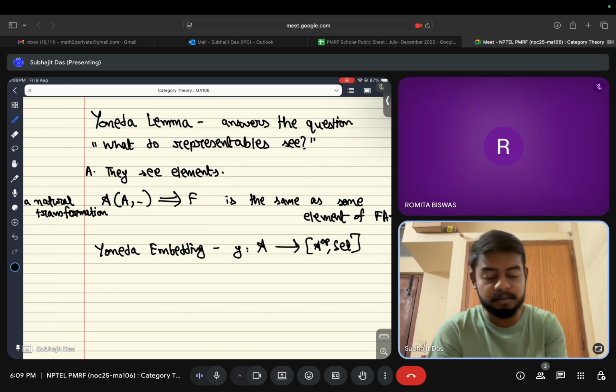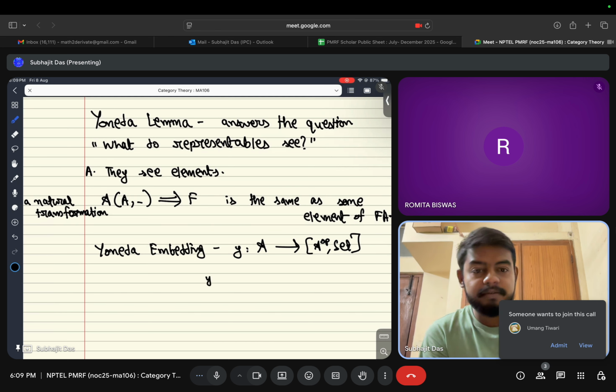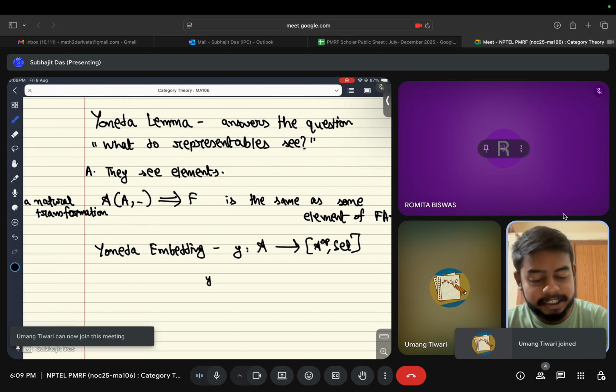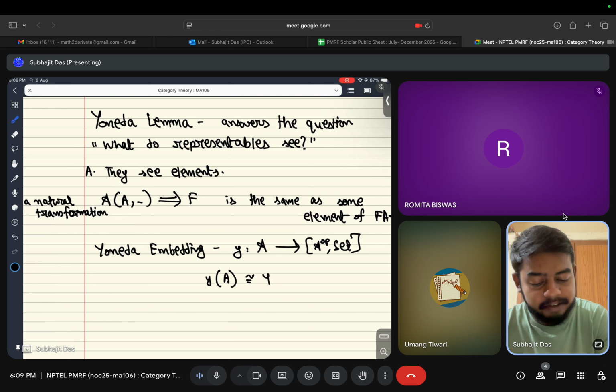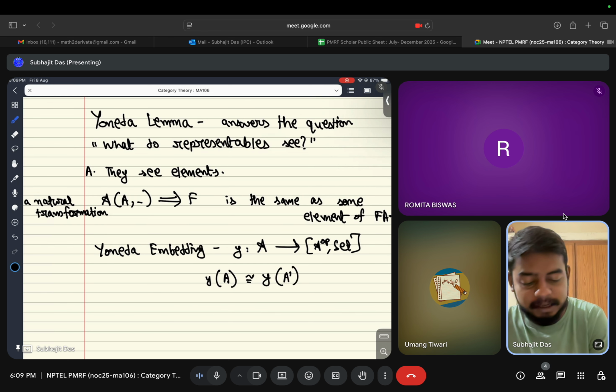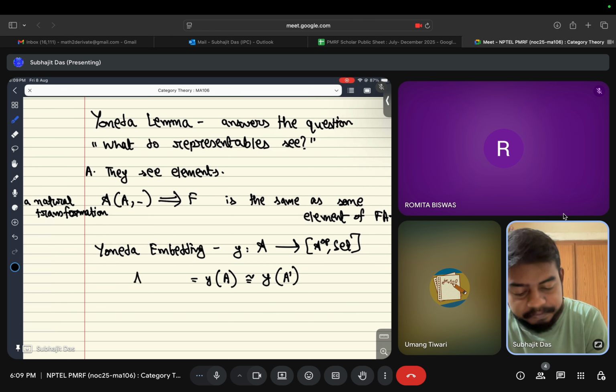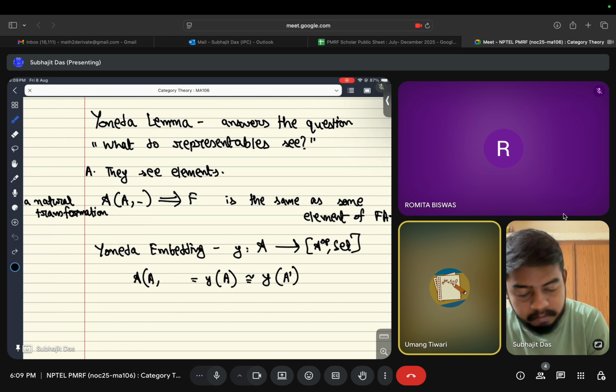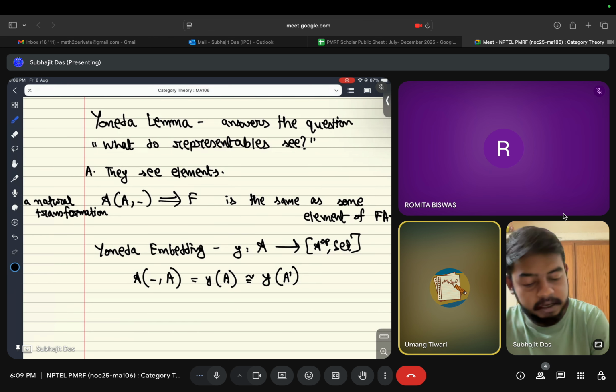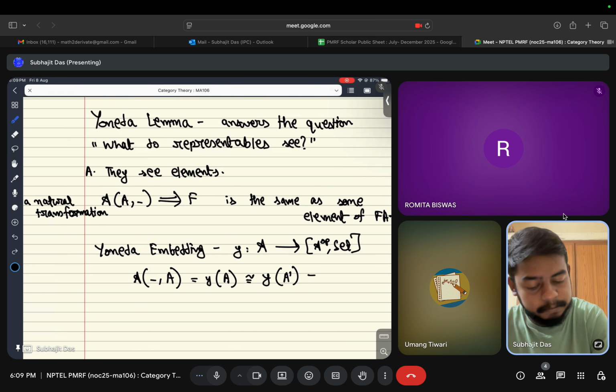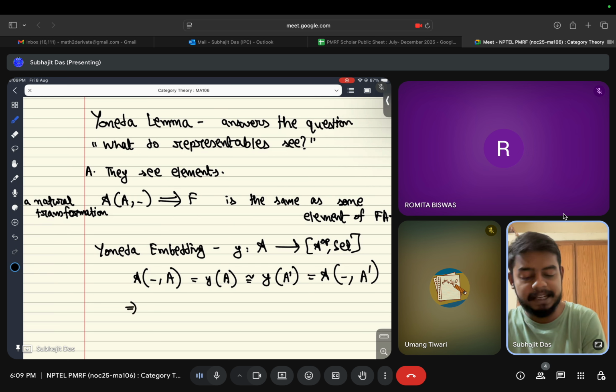So basically, in other words, if y of an object A in script A is isomorphic to y of an object A prime in script A, by which I mean that if this functor is isomorphic to this functor, then in particular, this implies that A is isomorphic to A prime.